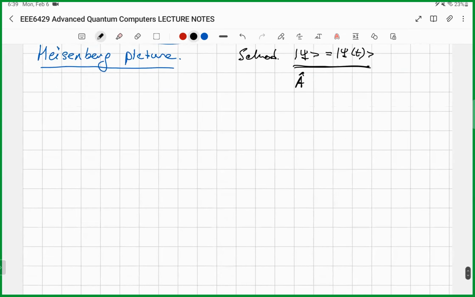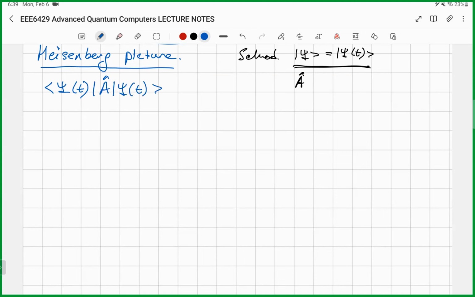And for example, the value that we measure in an experiment, what is it? It is a matrix element, something like this. This psi depends on time, then the operator, and then psi depends on time, right?